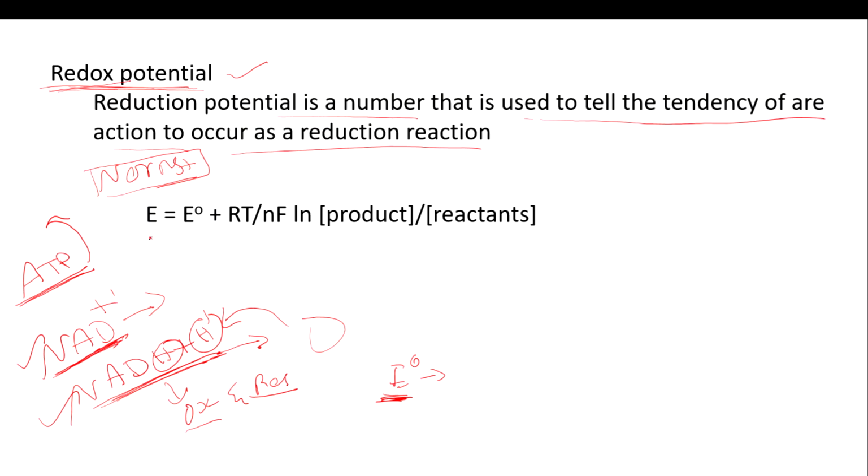So in the Nernst equation, E, the redox potential, is equal to the standard potential plus the gas constant, R, times T, the temperature in Kelvin, divided by n, the number of electrons, and F, the Faraday's constant, times the natural log of the ratio of products to reactants. And this is what the redox potential is about.